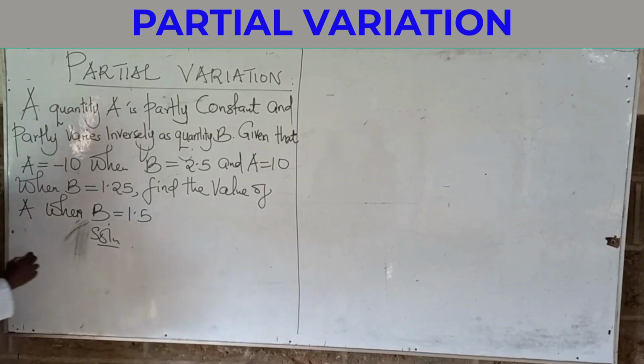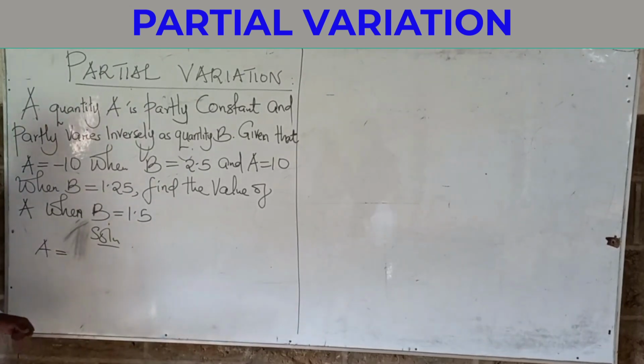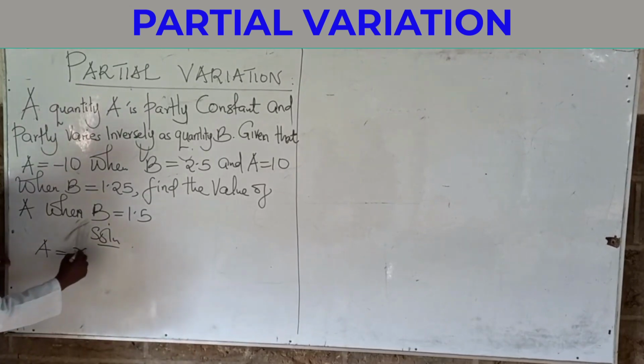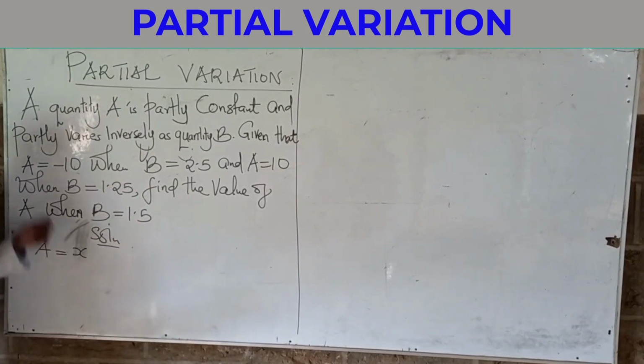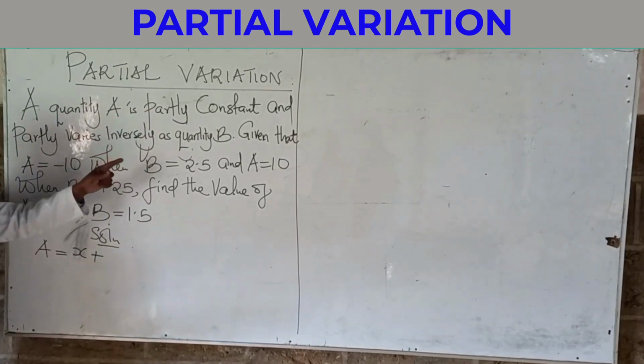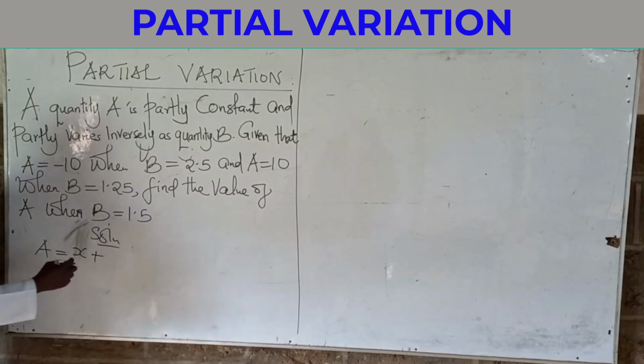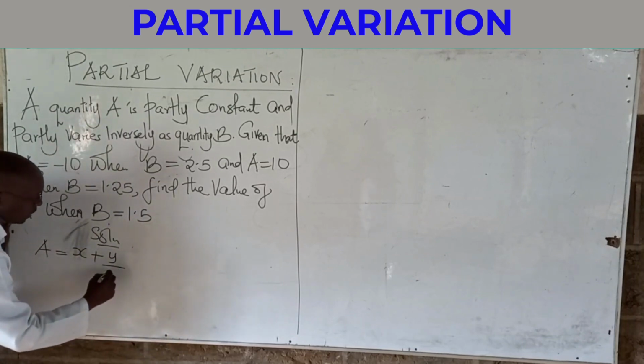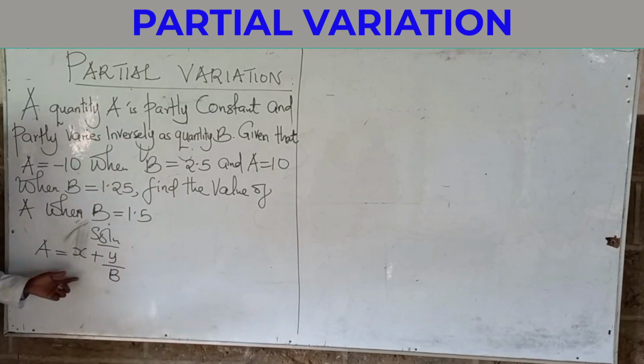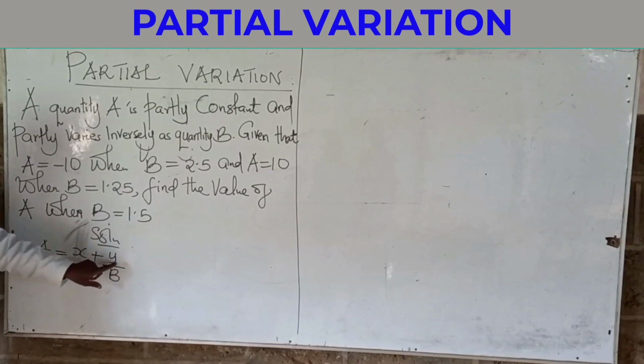I will choose X and Y as the constants. So A is partly constant, that is A is equal to X. Then you add plus, and partly varies inversely as quantity B. So inversely, we introduce the other constant Y and then divide by B. That is what we mean by inversely as quantity B. So now we have written A is equal to X plus Y over B, where X and Y are the constants that I've used.